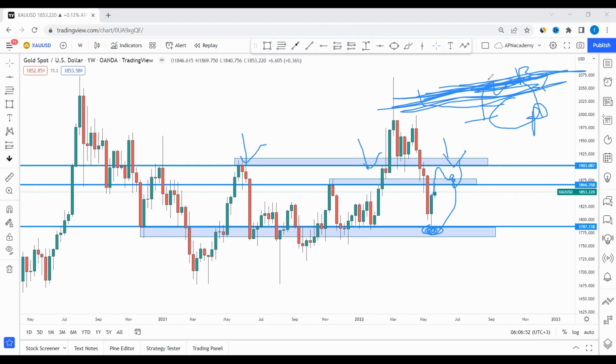If this is the area above and this is the current price, CP, this area was a previous turning point. Remember we said areas of value or areas of interest are determined by turning points. So if we had a turning point above where current price is, that becomes resistance. And support is an area below current price where we expect the market to turn from. Are we together? So that's what makes support and resistance.